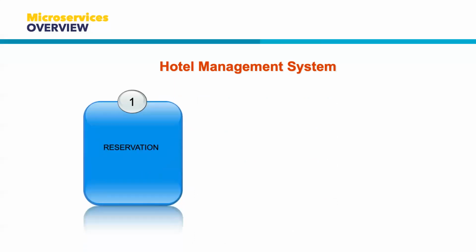But let's say, for example, I want to develop a hotel management system. Normally in a hotel management system, you have one service that handles the reservation. For example, I can reserve a booking, or reschedule the booking, or cancel the booking. This particular service is totally independent.